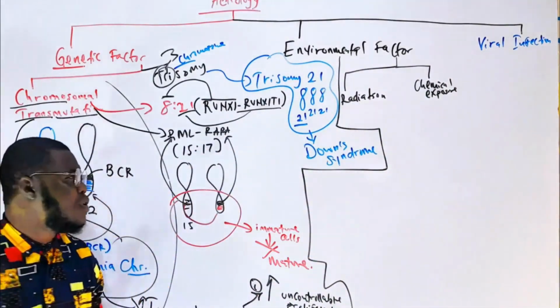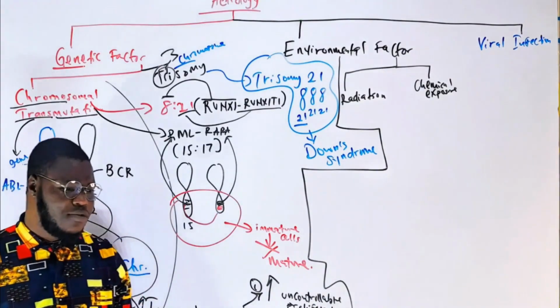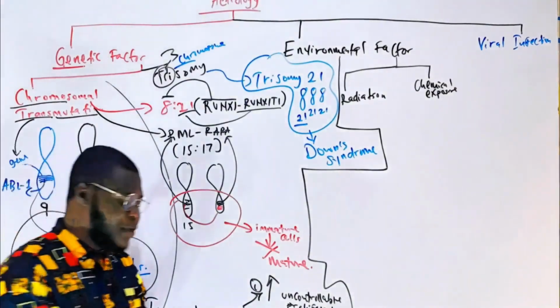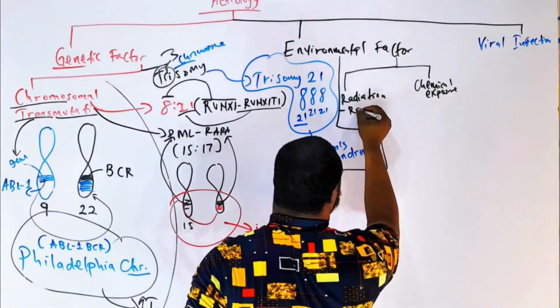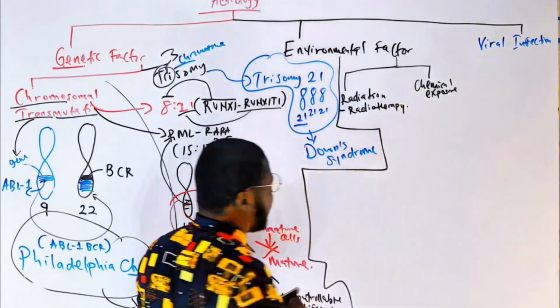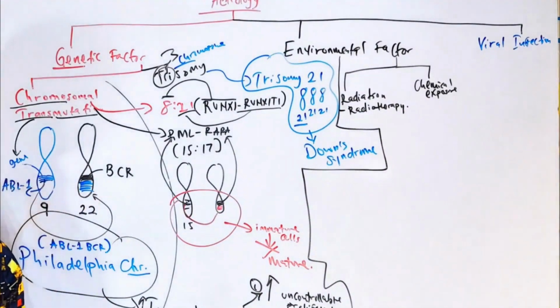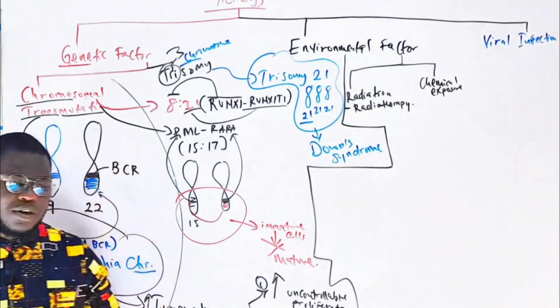In radiation, they're talking about some kind of ionizing radiation. An example is radiotherapy. Radiotherapy is a kind of treatment they give people that have cancer most of the time. They expose them to some kind of rays.